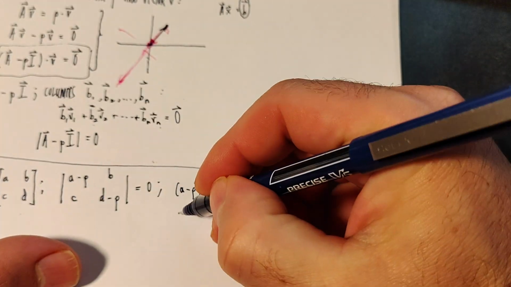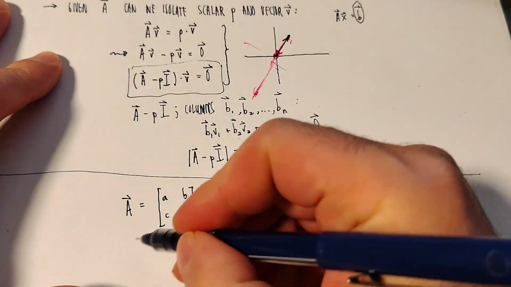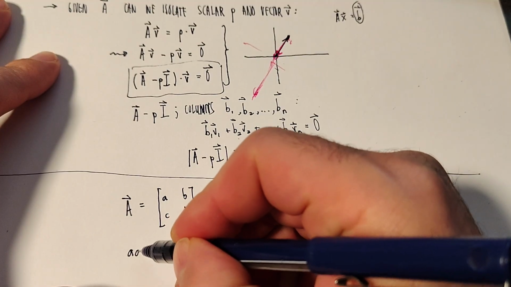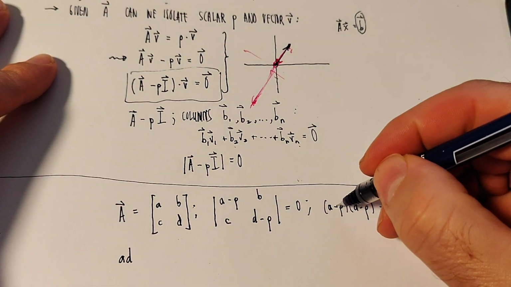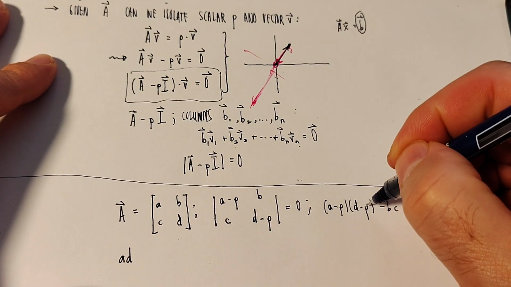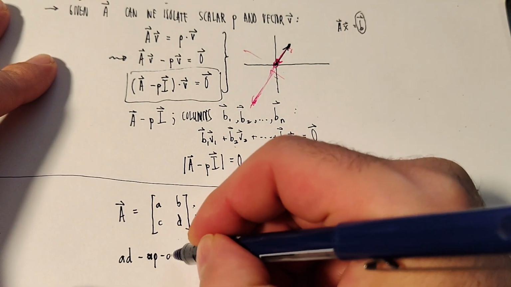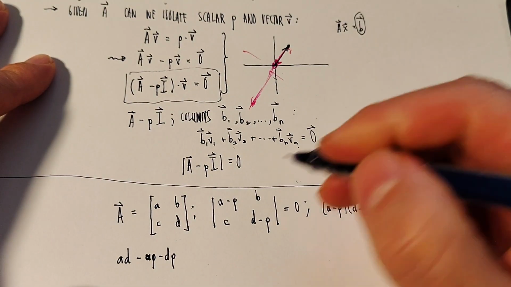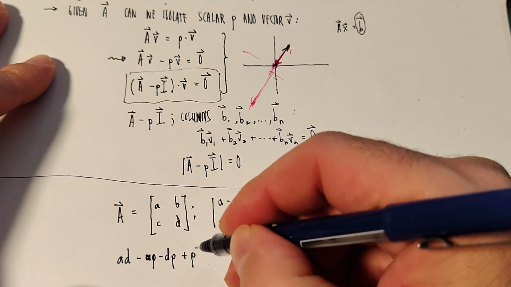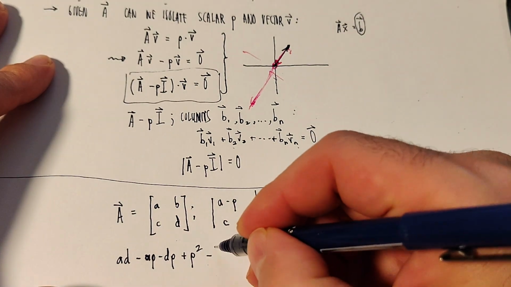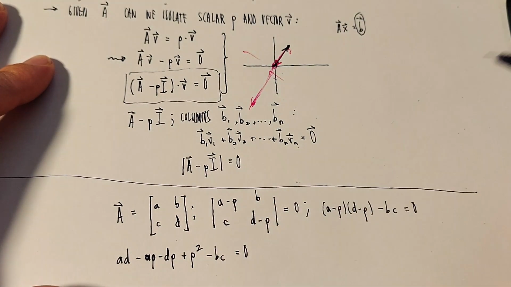So this will be AD. I'll start down here. So we're going to have A times D minus A rho minus D rho plus rho squared minus BC equals 0.